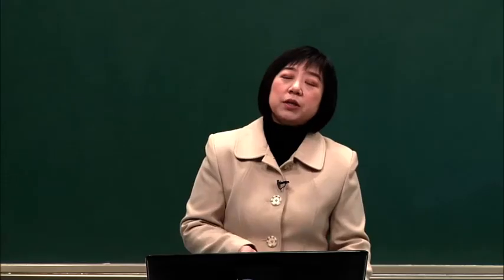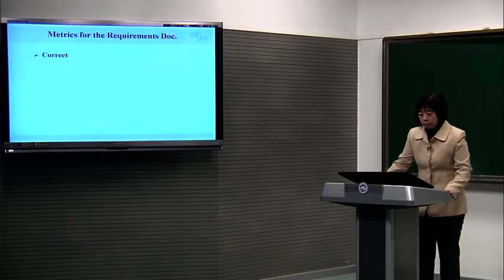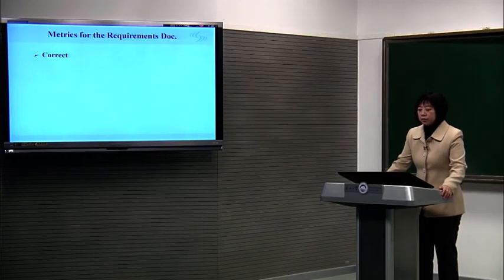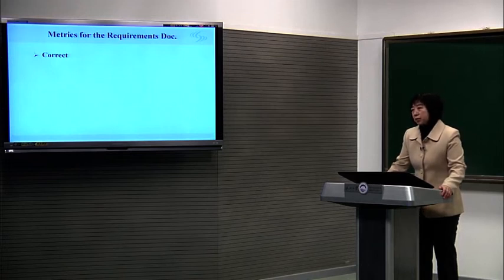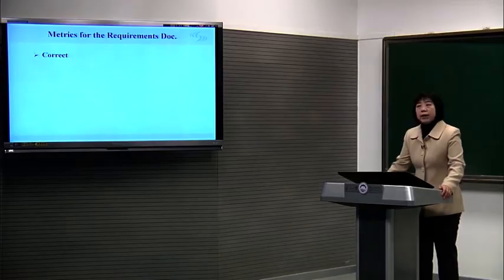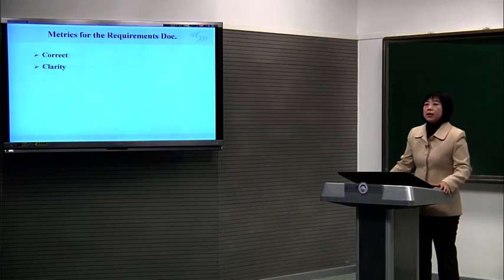Since the requirement documentation needs testing, how do we judge whether the requirement documentation is proper or not? First, the requirements documentation must be correct. We cannot imagine developing a target software based on incorrect requirements, right? Next, clarity.